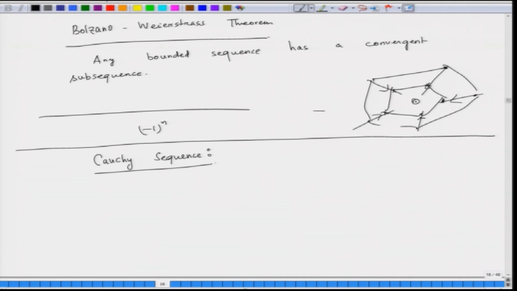Now, if they converge to a point, then this is going to happen intuitively. One may ask that if this phenomenon happens, will it necessarily be true that they will converge to a point? So, that is the concept we are going to deal with now in the form of the Cauchy sequence.